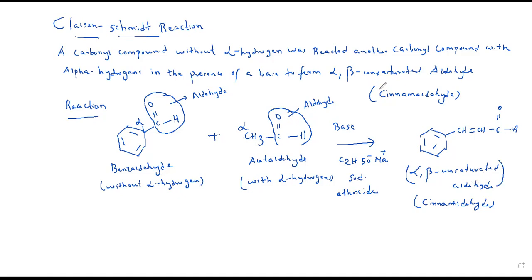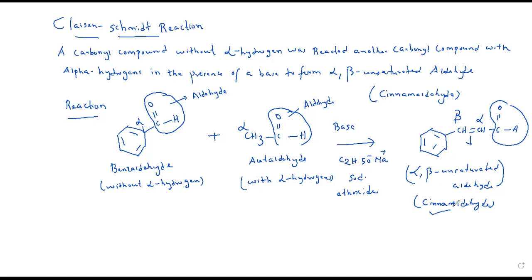So again, look at here. This is your aldehyde functional group, right? The carbon atom which is present adjacent to the functional group is called alpha. The next carbon atom will be beta. So that's the reason it is called alpha, beta unsaturated. There is a double bond here, so that's the reason you can write unsaturated. And what is the functional group present here? Aldehyde. So this is the structure for your cinnamaldehyde.